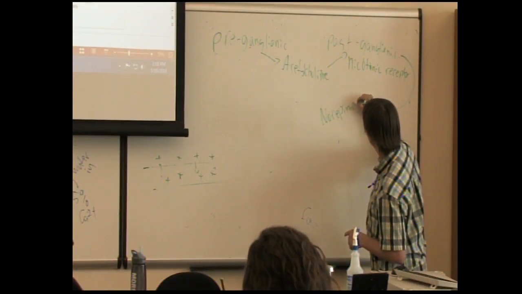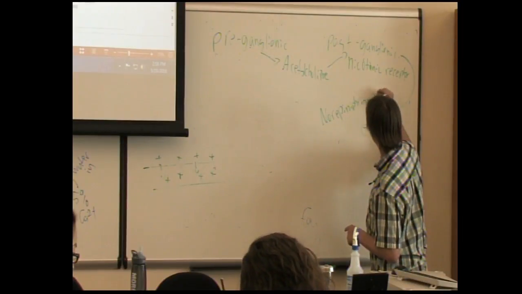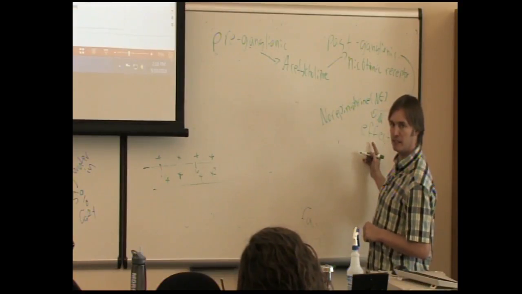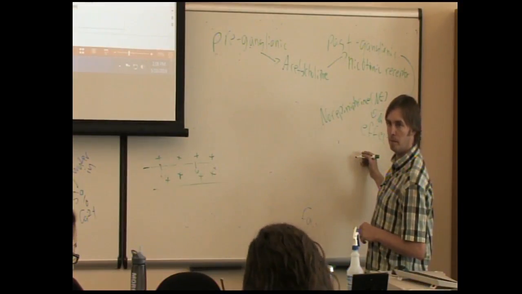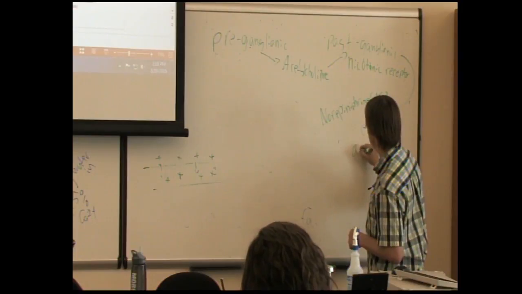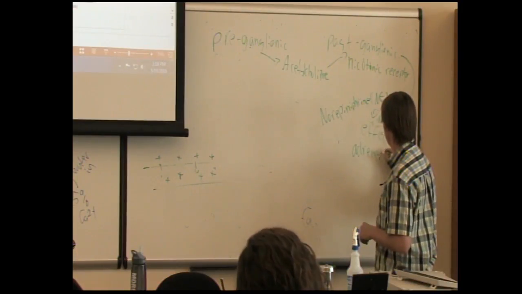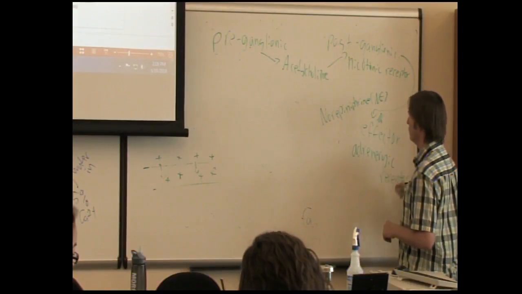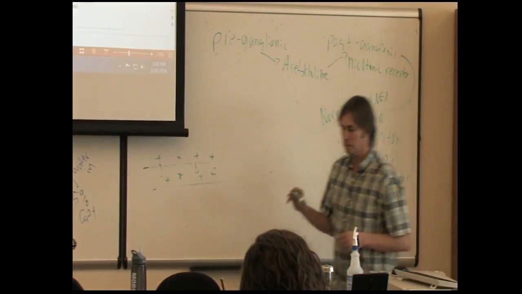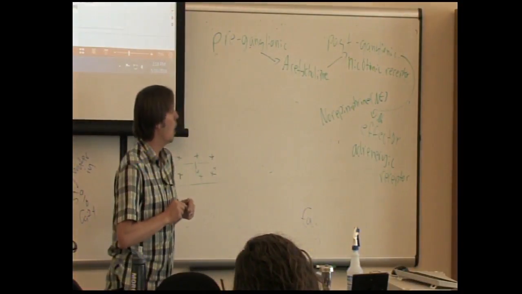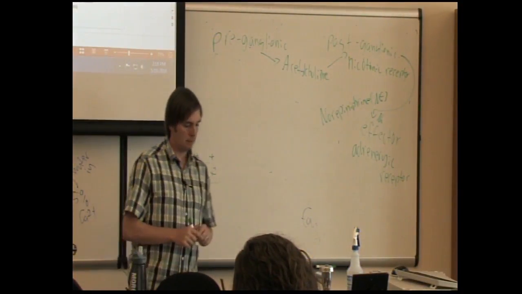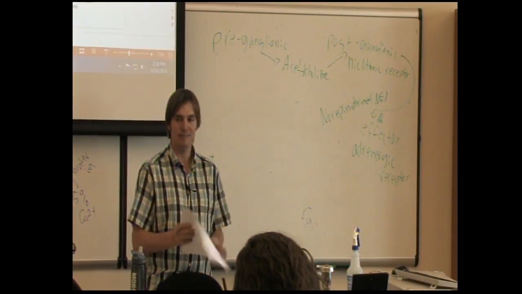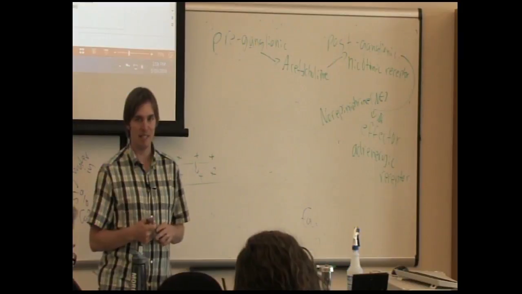Norepinephrine, or NE. And then what's the receptor for that? So the effector has the adrenergic receptor. And that was nice. I only put the sympathetic one on there for neurotransmitters and receptors.